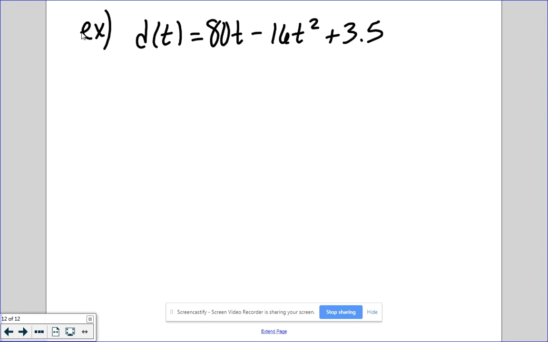This function gives the ball's height above the ground in feet as a function of time in seconds. So t is time in seconds, d of t, or y in this case, is the height of the ball. How long did the catcher have to get into position to catch the ball after it was hit? So that's what we're trying to figure out.